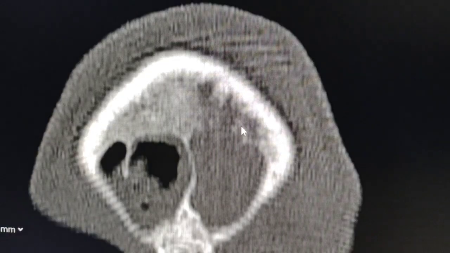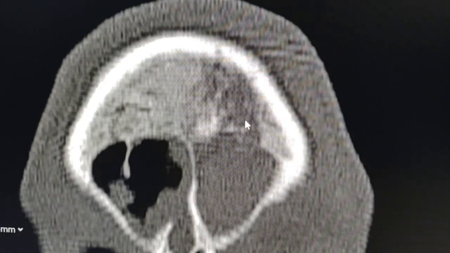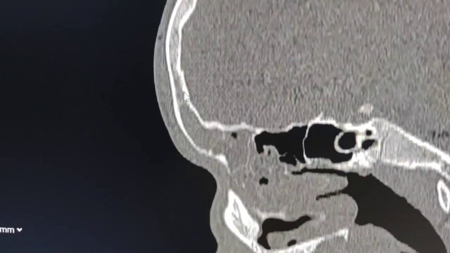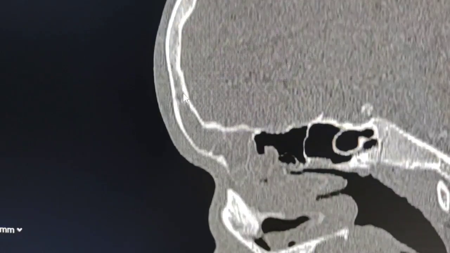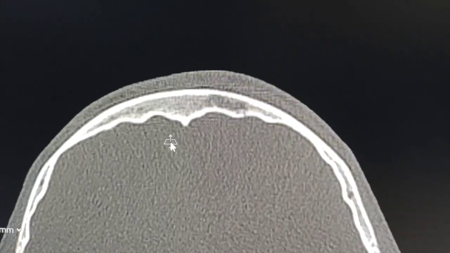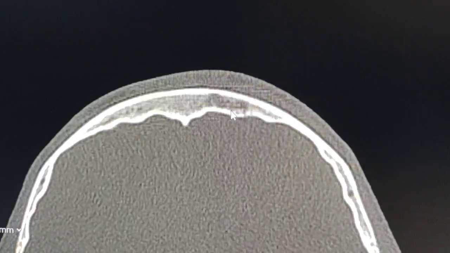I will show you in sagittal views as well, here in sagittal views and in transverse plane. If you compare the left with the right side, you can see very easily the demineralization.